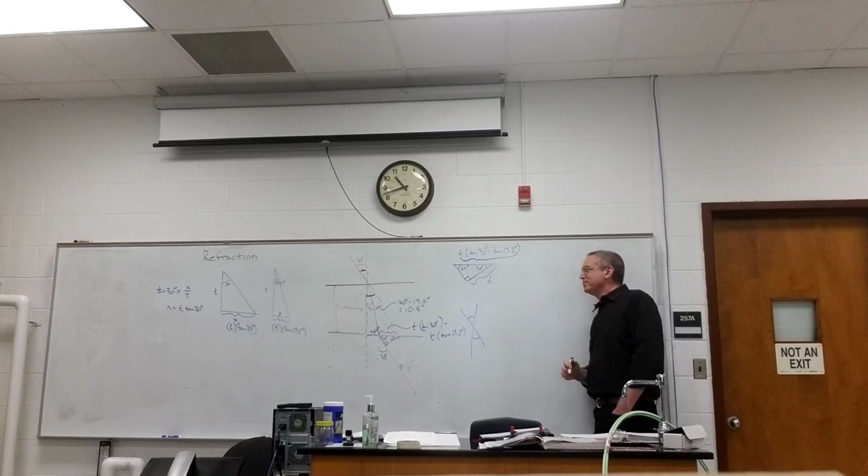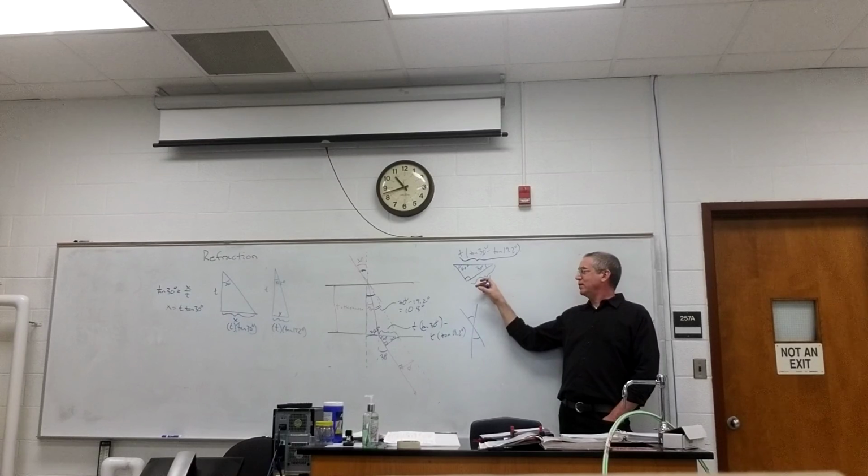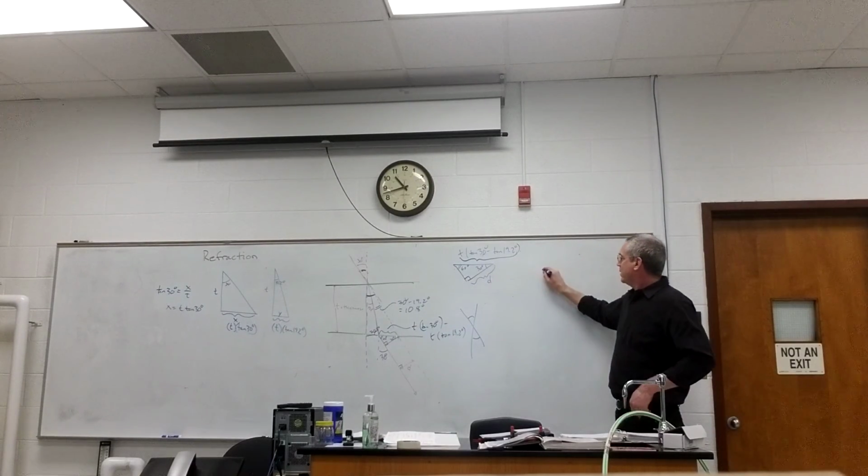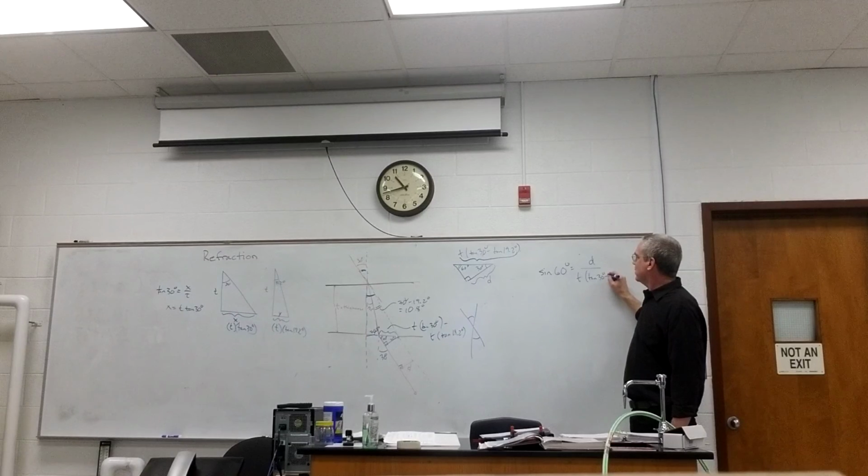Sine. Okay. Since this is opposite the 60 degrees, we have sine of 60 degrees is equal to d over the thickness times tangent of 30 degrees minus tangent of 19.2 degrees.